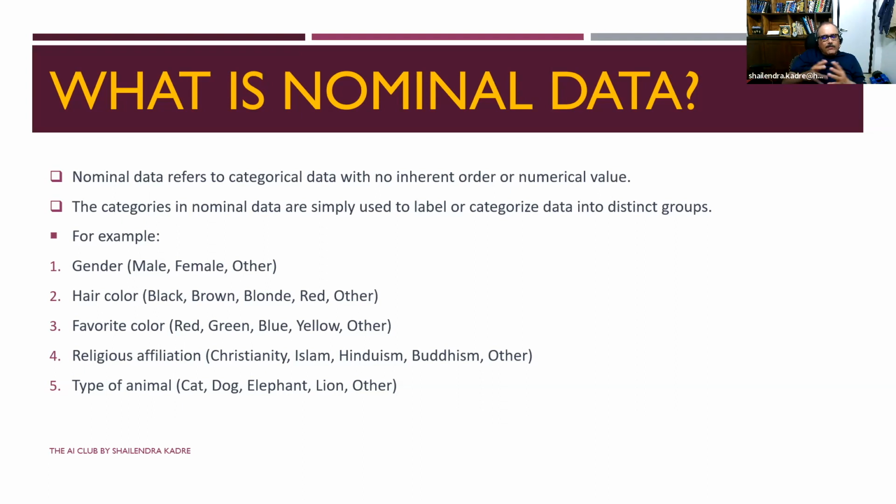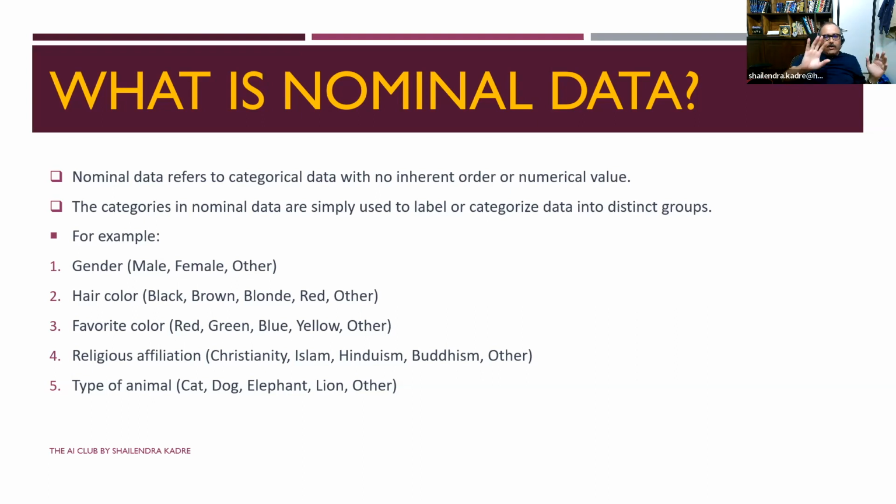But suppose my values are high, medium, low. Then there is an order: medium is higher than low and high is higher than medium. So nominal data simply defines a group and there is no order in it.